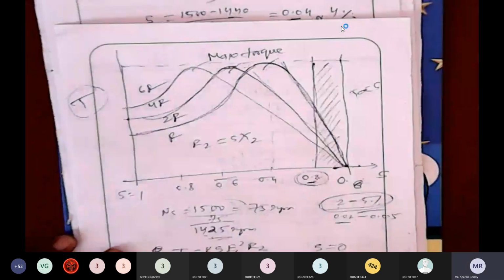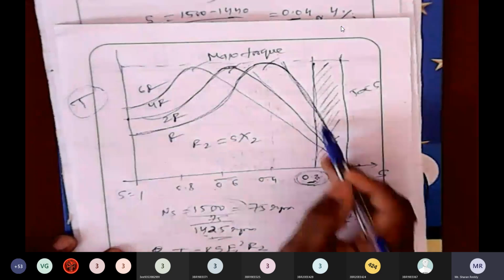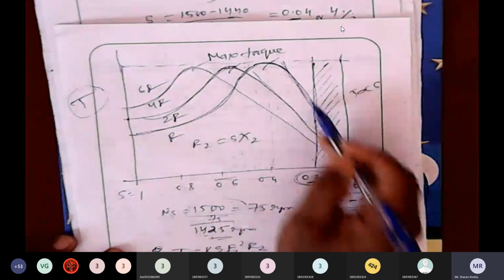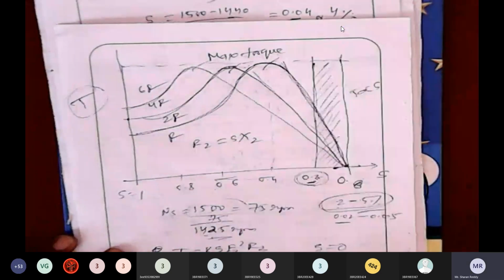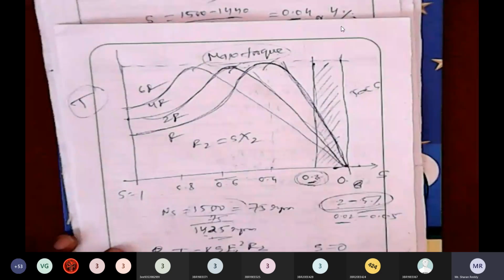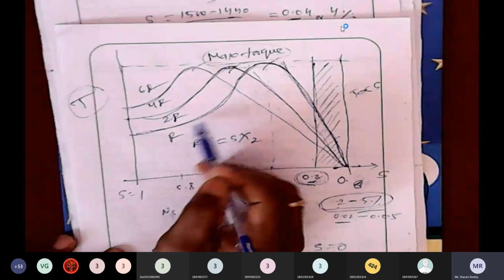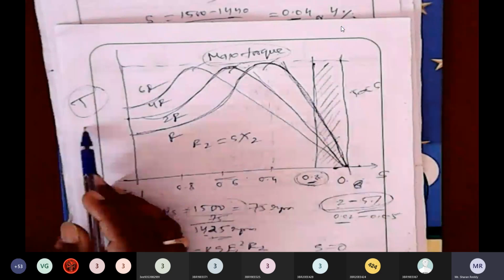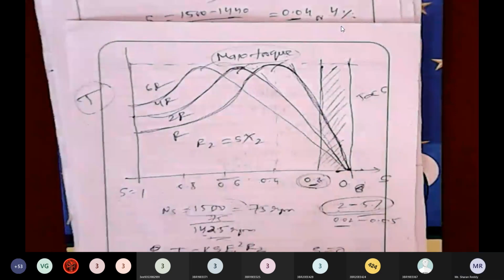For normal operating conditions, torque is directly proportional to the slip, with speeds like 1400, 1440, 1460 being normal operating speeds. If you increase the load, it will attain the maximum torque, and if you go on loading still further, the motor speed slowly goes down, the torque decreases, and finally the motor stops.